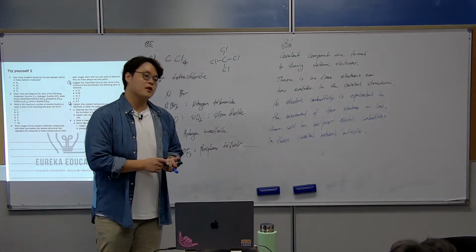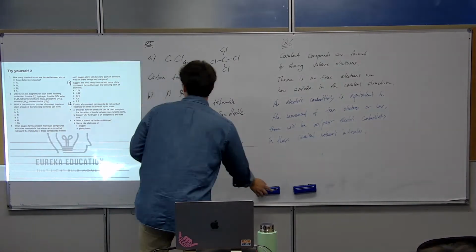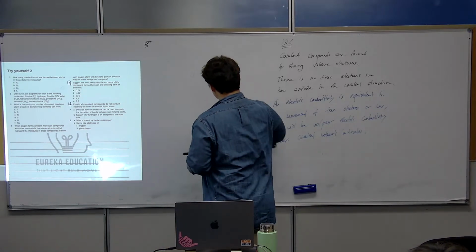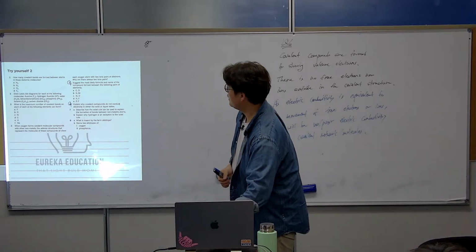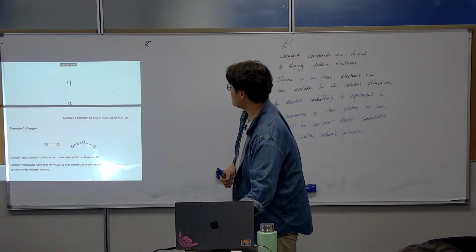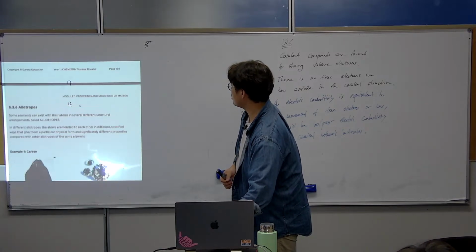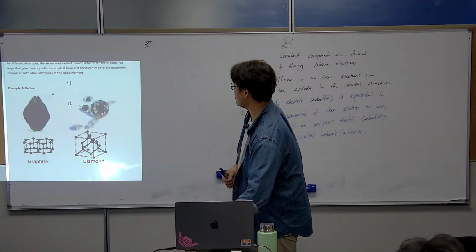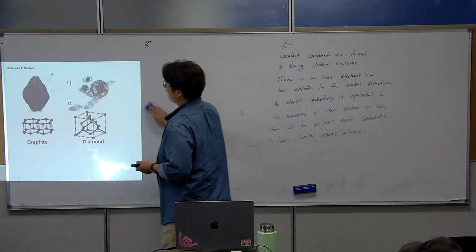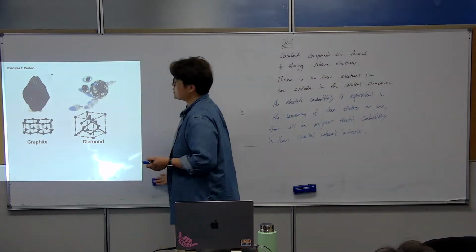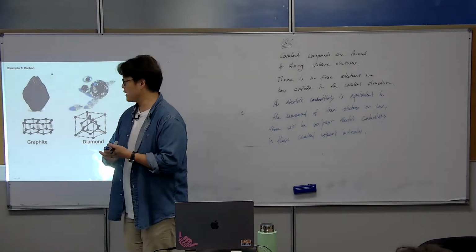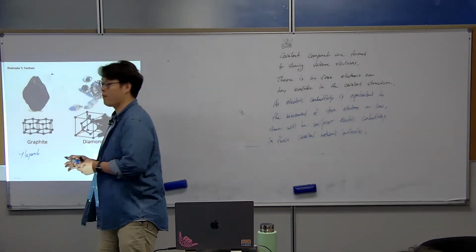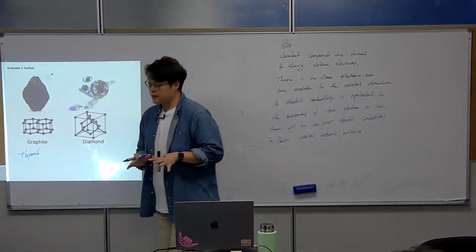Exception: yes, graphite. Let's talk about graphite and some differences. We kind of discussed it before, on page 189 on your carbons. I briefly described the difference between graphite and diamonds. Graphite is more like layered.